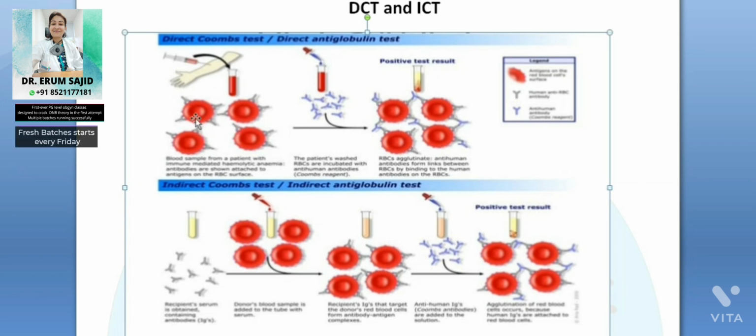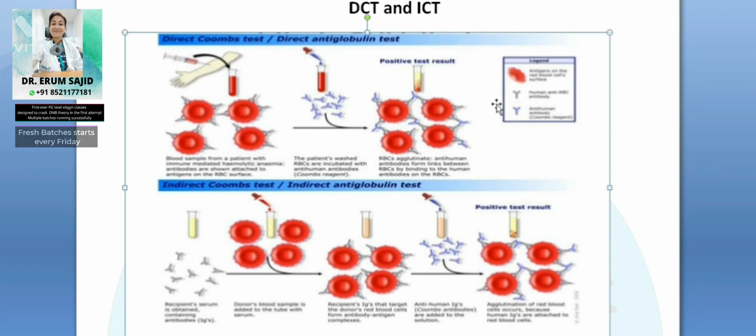To these antibodies stuck onto the RBCs you add the anti-human antibodies, that means Coombs reagent, and they make a bridge between the two antibodies and cause clumping or agglutination. That is telling you a positive result.